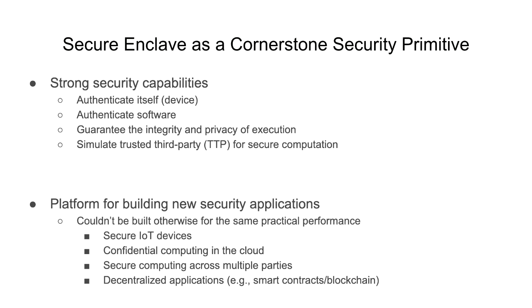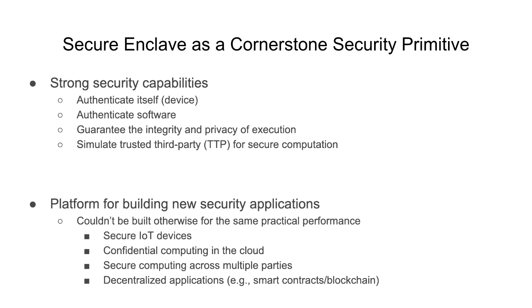It has wide-ranging applications in different domains: building secure IoT devices, even securing the source of the data, confidential computing in the cloud, secure computing across multiple parties, and enabling decentralized applications.